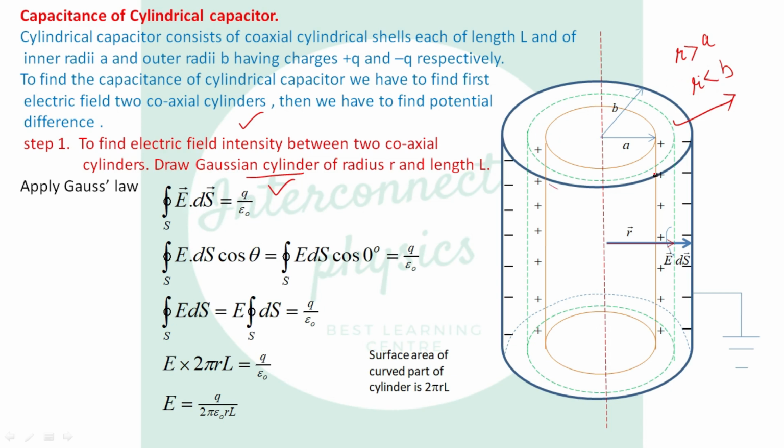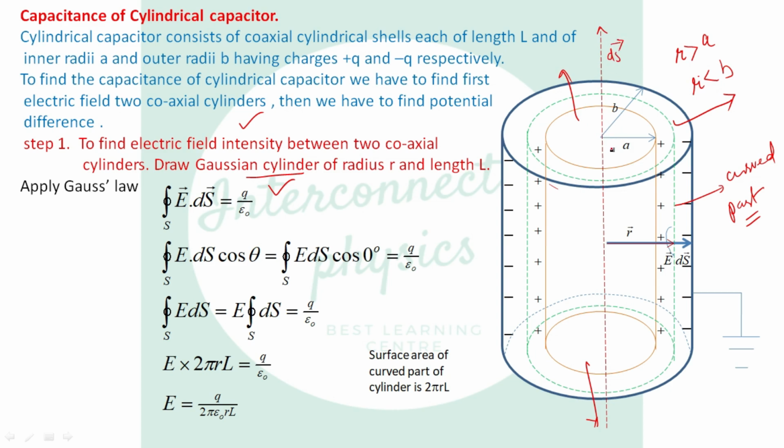Now this Gaussian cylinder is divided into three parts: upper part, lower part and this curved part. Now for the upper part, the area vector will be normal to the surface and outward. Let us say the area vector is in this direction.